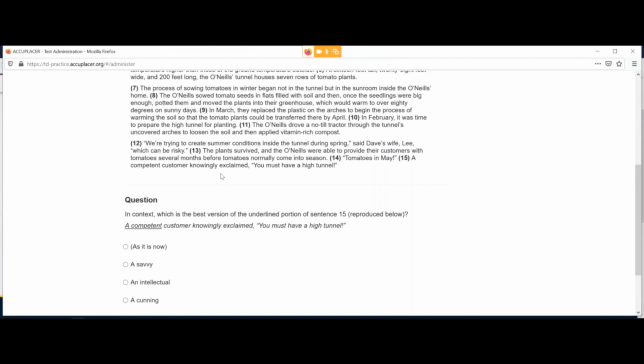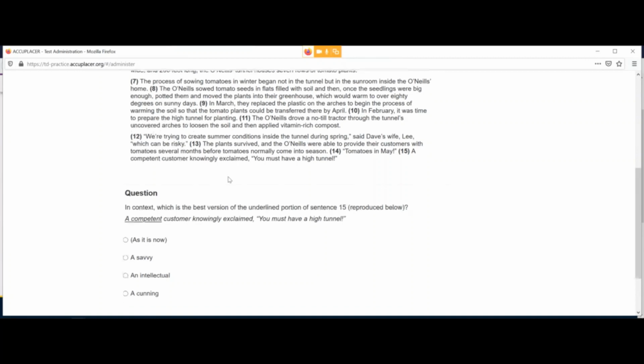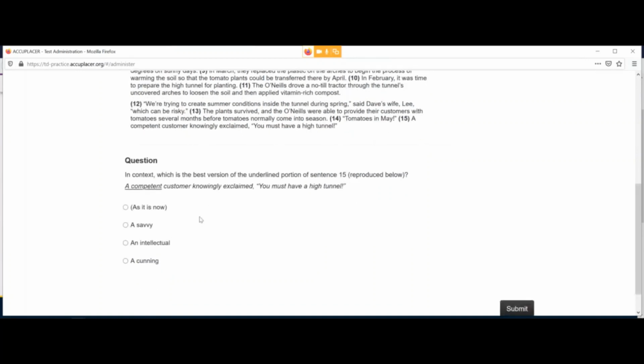Tomatoes in May? A competent customer knowingly exclaimed, you must have a high tunnel. So, what are our possibilities here? The adjective competent, would that be effective as is? Or does it need to be replaced with savvy, intellectual, or cunning?